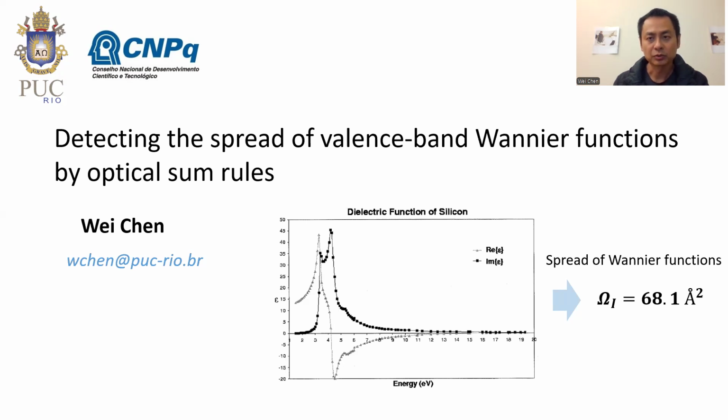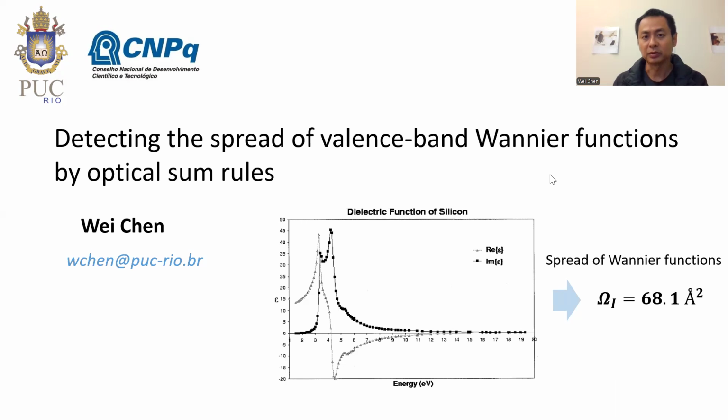So today I would like to share with you a recent paper on detecting the spread of the so-called valence band Wannier functions by means of a bunch of optical sum rules that we propose in our paper.